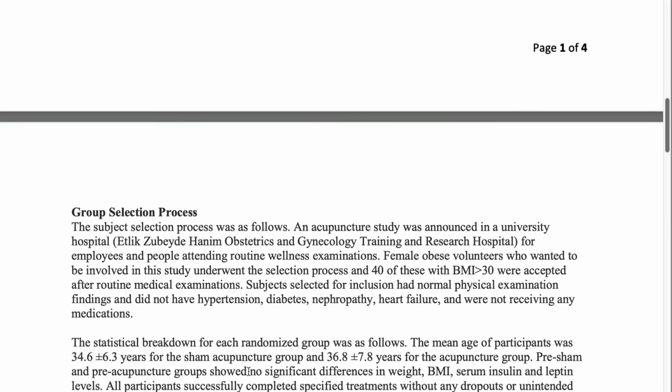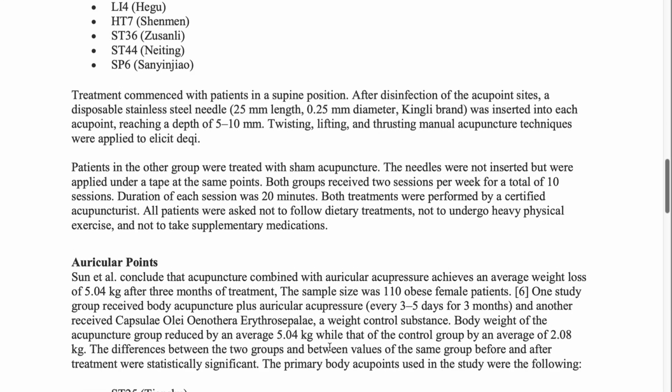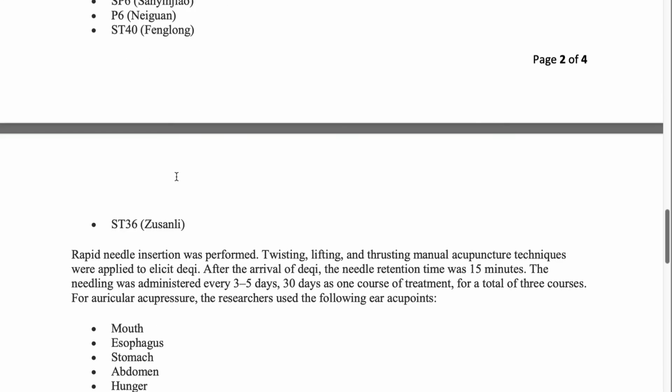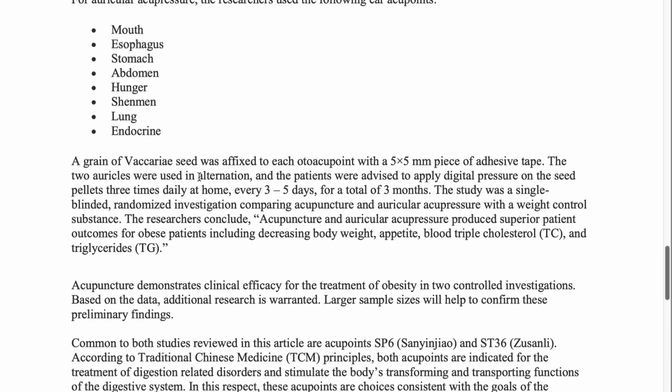And this study was actually a randomized controlled trial, as you can see here. So this study was for efficacy, proving efficacy. This is a very small size randomized controlled study. And this study was a single-blinded randomized investigation.